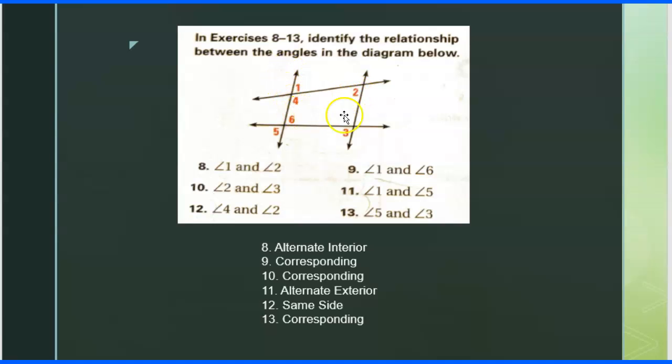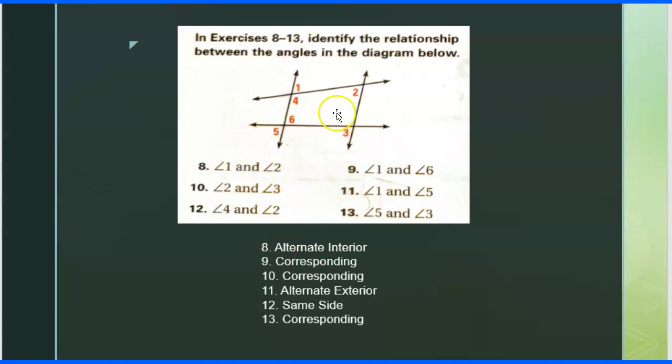Well, they're alternate something and they're on the interior, so they're alternate interior. Now we look at angle 1 and angle 6. Up here's angle 1, here's angle 6. They're corresponding angles. We don't have to know what they equal here, but they are corresponding.